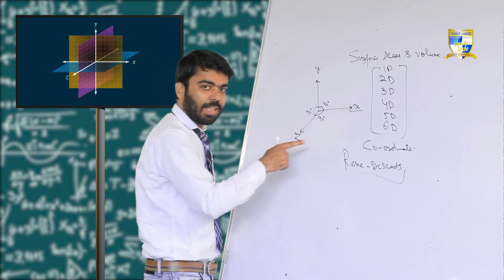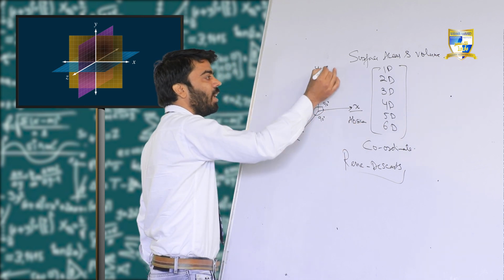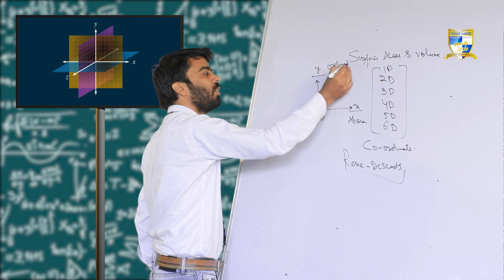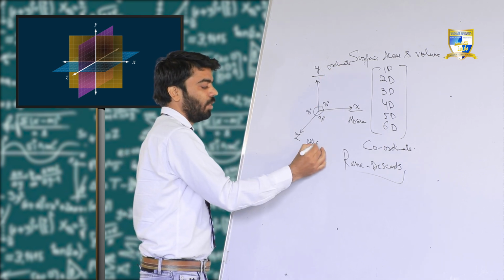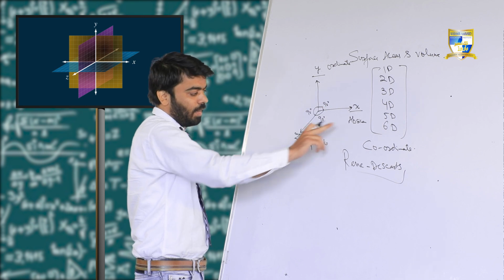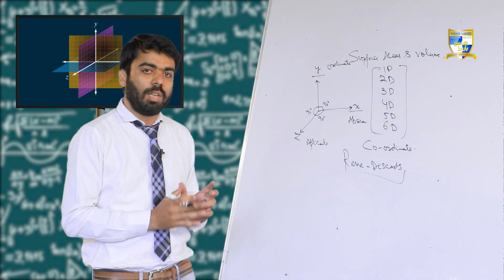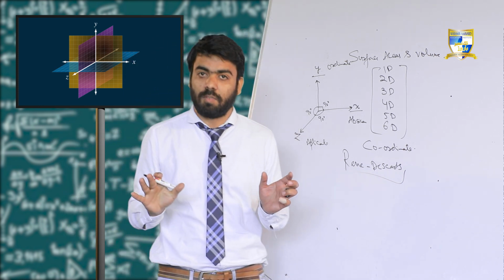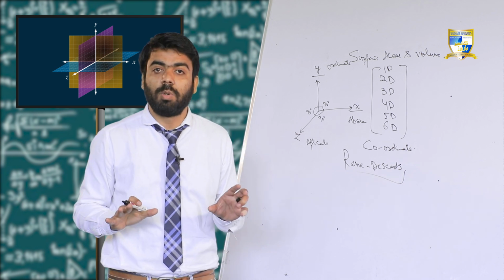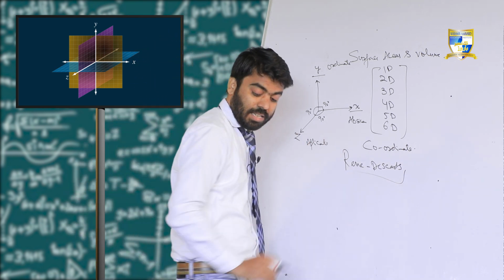The second name of the x-axis is abscissa, the y-axis we know as ordinate, and the z-axis we know as applicate. So we can conclude that whatever we have in space, nothing in space is 1D, nothing is 2D, every object is a 3D object.